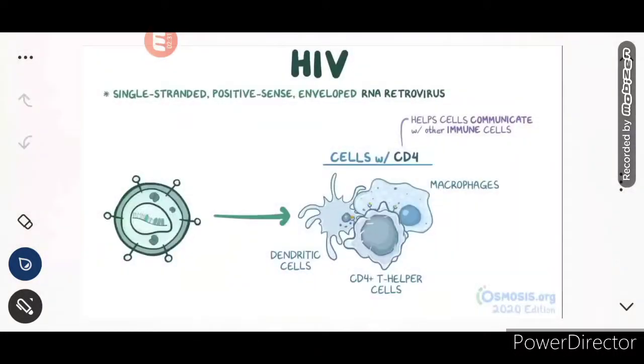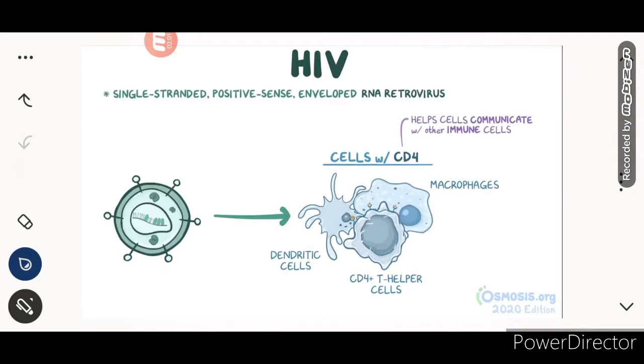Now we'll study how HIV affects the cells, and then we will later go on to the mechanism of these drugs. HIV is a single-stranded, positive-sense, enveloped RNA retrovirus. I explained why we call it a retrovirus, because of the enzyme reverse transcriptase. Basically they attack the immunity; the HIV virus mainly attaches to the cells that have the CD4 receptors.